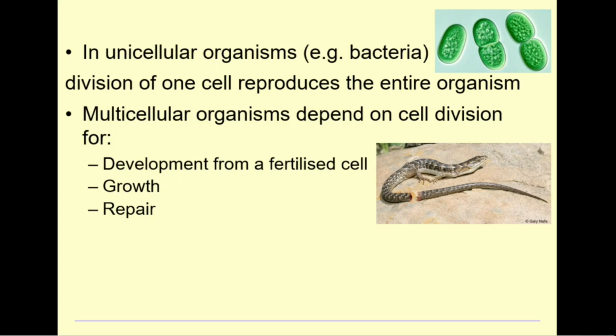And from that point on, we go through a process of growth. And growth, again, is done through a process of cell division, through mitosis, through our cells dividing to produce more cells, to the point where we become an adult human consisting of about 100 trillion individual cells.